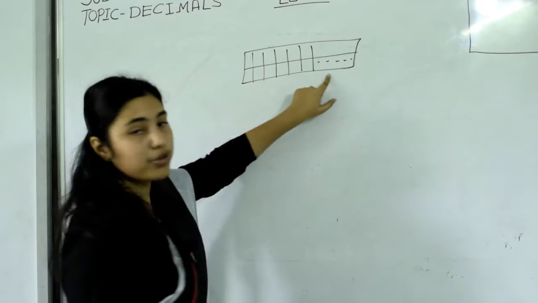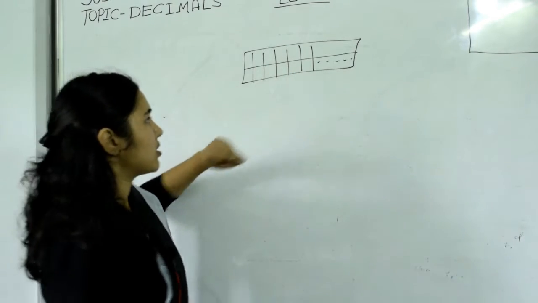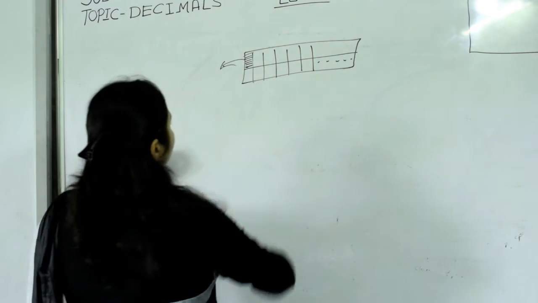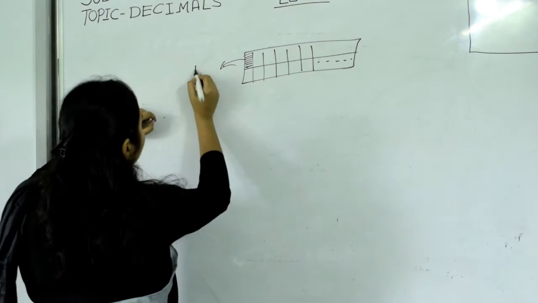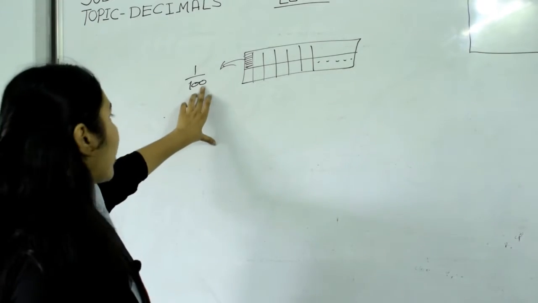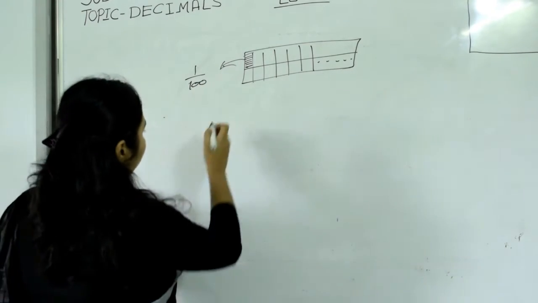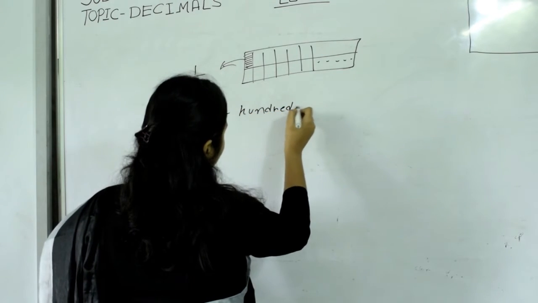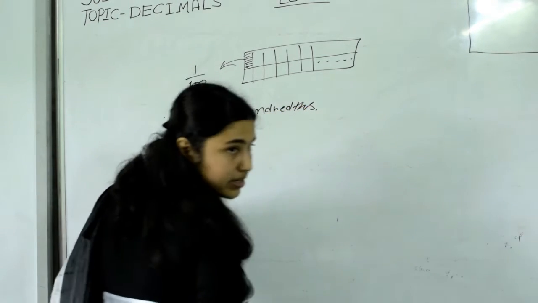Then each of these parts we can write as 1 by 100, known as hundredths.